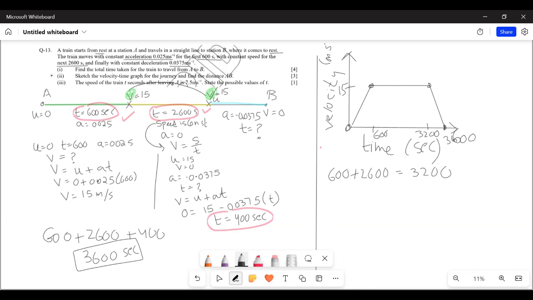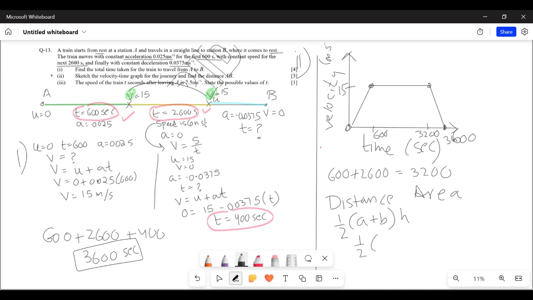Okay, that is going to be the velocity time graph. Then it says find the distance. How do we find distance from a velocity time graph? Area under the graph. Yes, find the area. So distance is area, and this shape is a trapezium. Area of trapezium is half times the sum of parallel sides times height.